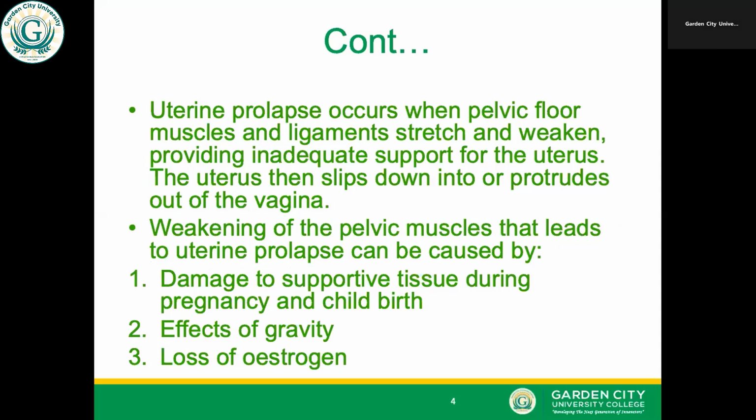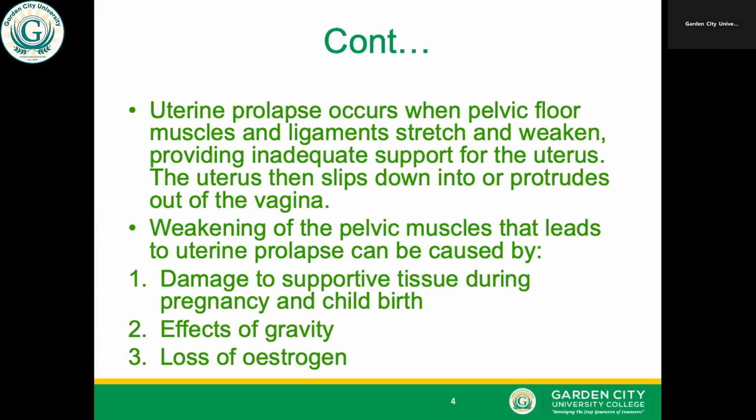Uterine prolapse occurs when pelvic floor muscles and ligaments stretch and weaken, providing inadequate support for the uterus. So the uterus then slips down into or protrudes out of the vagina. Weakening of the pelvic muscles that leads to uterine prolapse can be caused by damage to supportive tissues during pregnancy and childbirth, effects of gravity, and loss of estrogen.